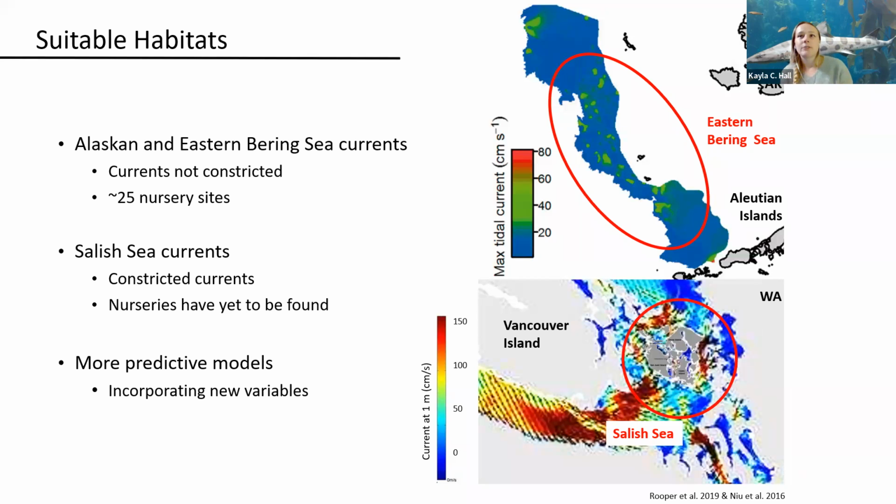One of the biggest differences between these two tidal models that I'd like you to look at are the drastic differences in velocity between the nursery sites that are found in the Alaska Sea and Eastern Bering Sea, which are about 20 centimeters per second of current flow, compared to those that are highlighted or circled in the Salish Sea, which can vary anywhere up to 75 centimeters per second or more on an average day.